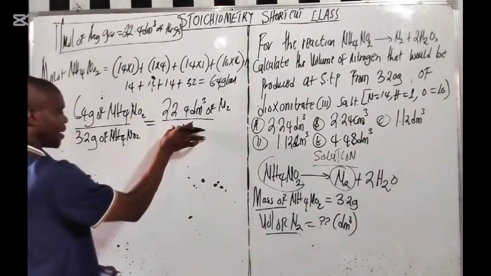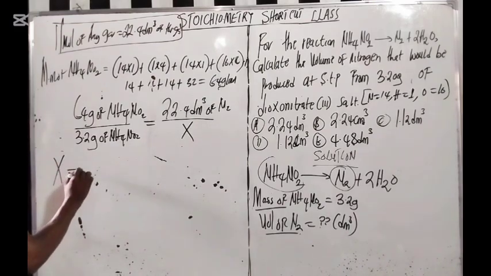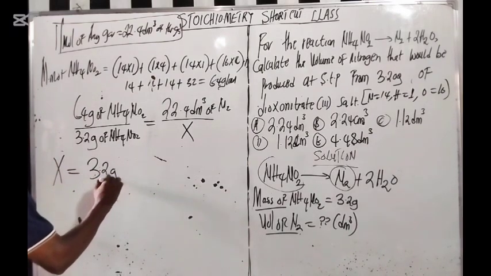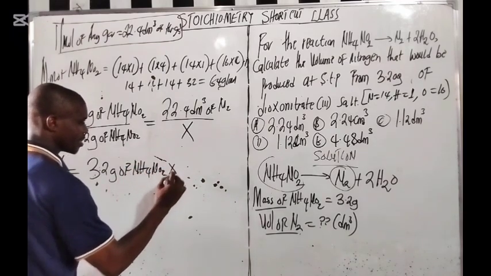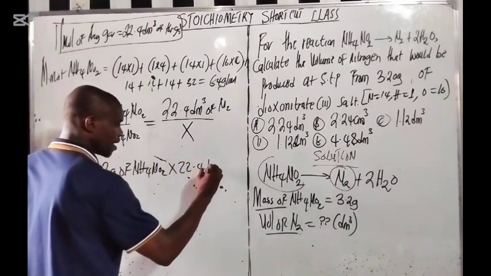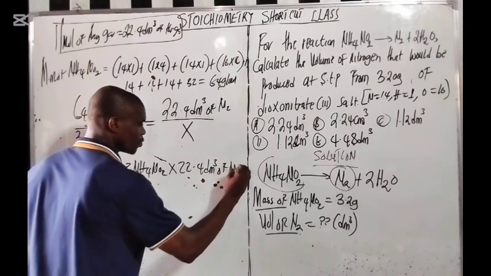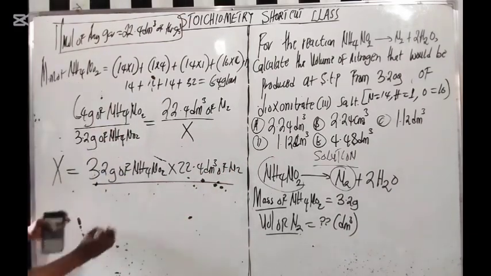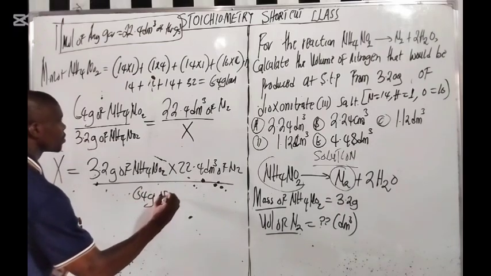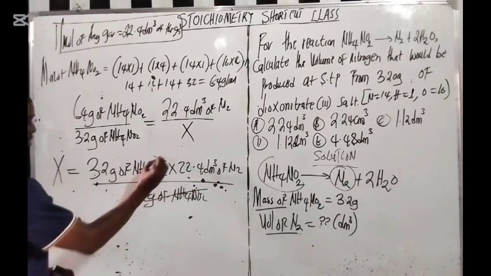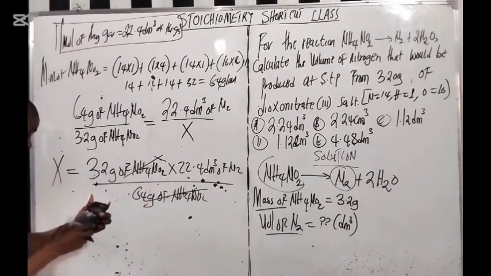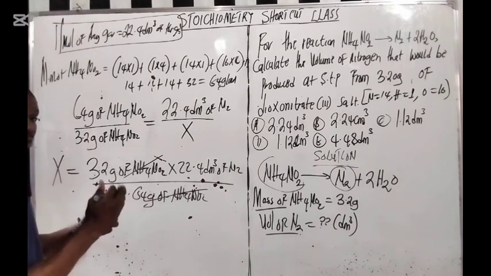When you make the formula, X equals 3.2 grams of NH4NO2 times 22.4 dm³ of N2 over 64 grams of NH4NO2. The NH4NO2 cancels out. So here we have 3.2 times 22.4 divided by 64, which gives 1.12.